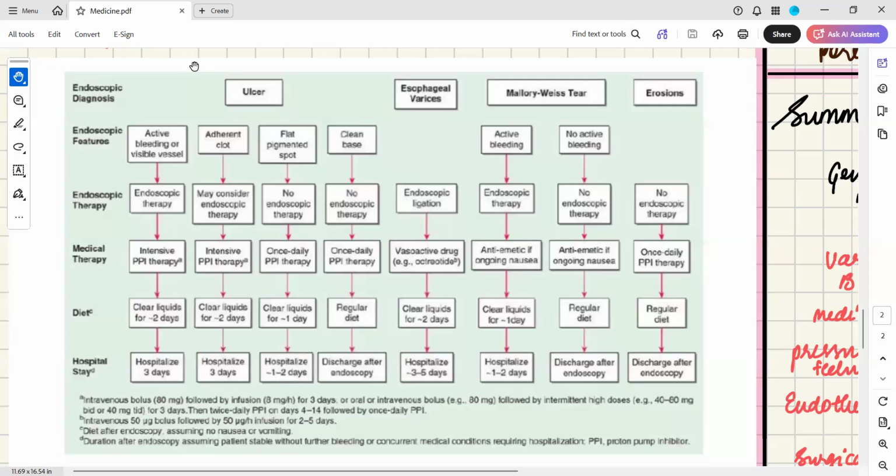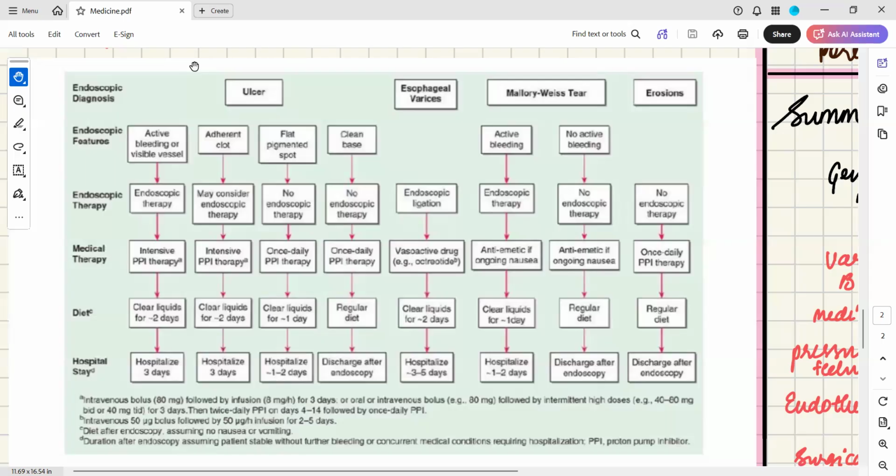If the cause is variceal, esophageal varices, we have to do endoscopic ligation of the varices, vasoactive drugs like octreotide and terlipressin, clear fluids for 2 days, and hospitalize for 3 to 5 days. In Mallory-Weiss, if there is active bleeding, we have to give endoscopic therapy. If there is no active bleeding, there is no need of endoscopic therapy.